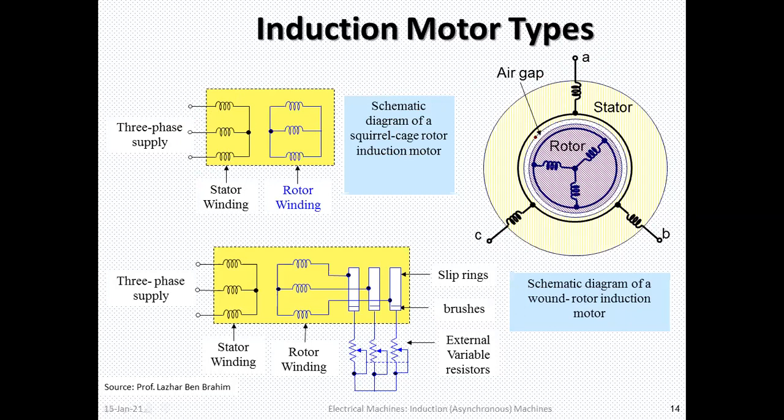This air gap is present between the rotor and the stator. The three-phase rotor is given here, and in this case also a stator winding is there, and slip rings, brushes, and external variable resistance are provided here.